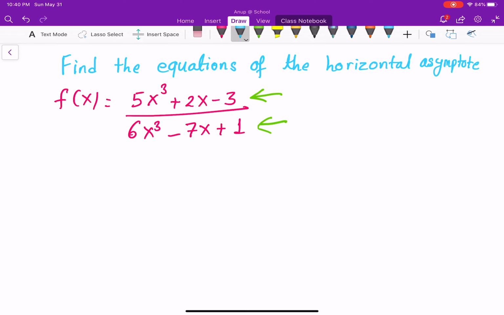The degree of the numerator polynomial is 3, and the degree of the denominator polynomial is also 3. They are the same. So we take the ratio of the leading coefficients. The leading coefficient of the numerator is 5, and of the denominator is 6. So y equal to 5 over 6 is the horizontal asymptote.